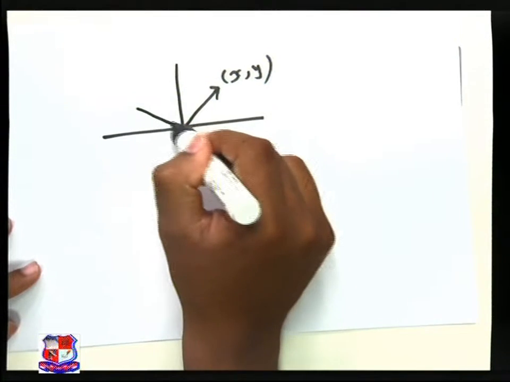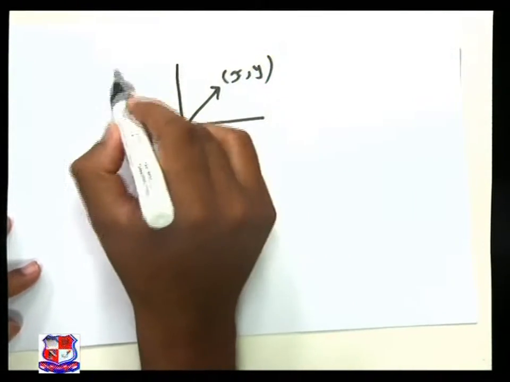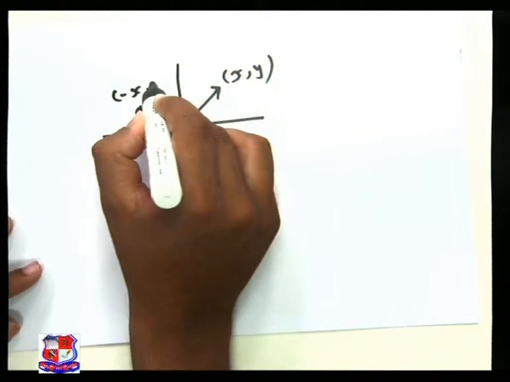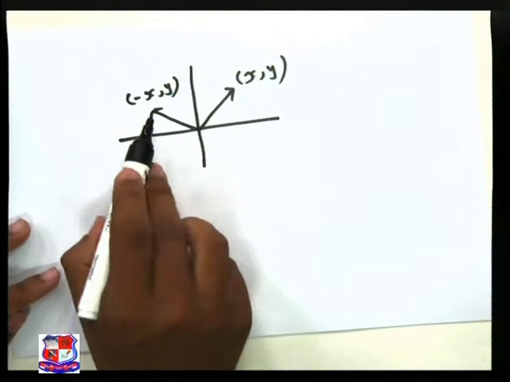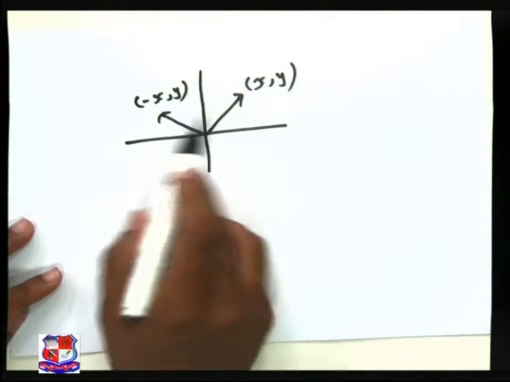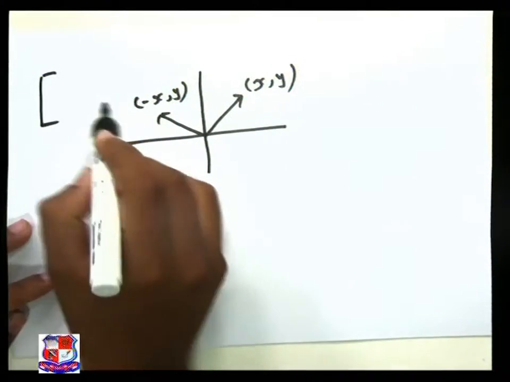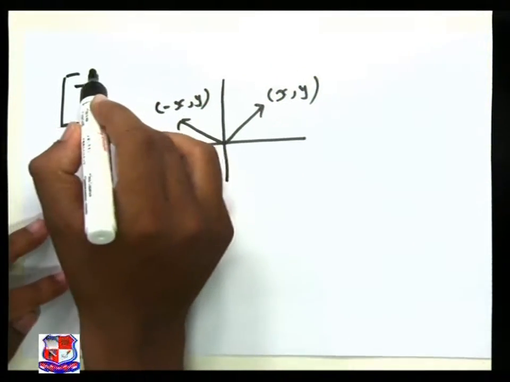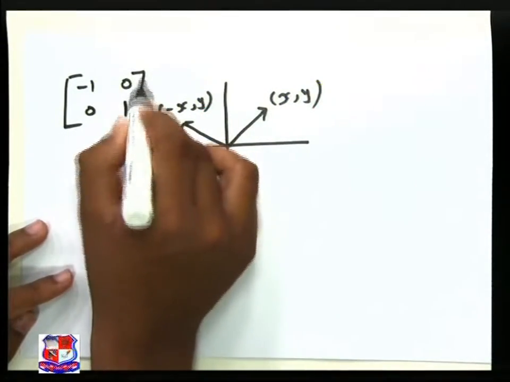The reflection about the y axis of the vector xy will become minus x y, okay, and the standard matrix for that linear transformation or linear operator, now you can understand, is minus 1 0 0 1, okay.